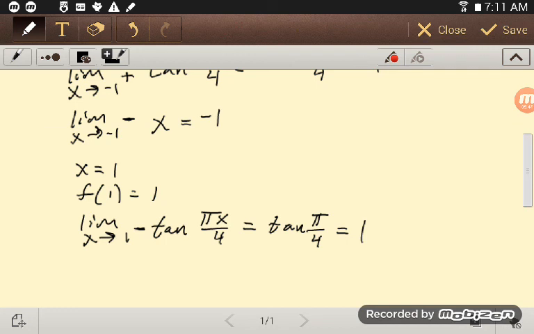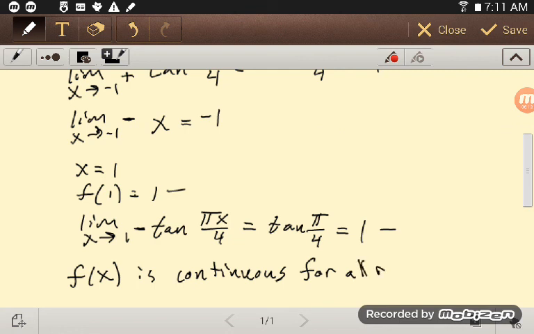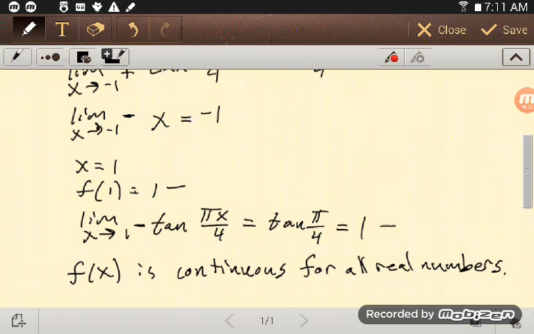And so once again the limit exists, the function exists, and so it's continuous. So actually here, f of x is continuous for all real numbers. It's a piecewise defined function, but it happens to be a continuous piecewise defined function.